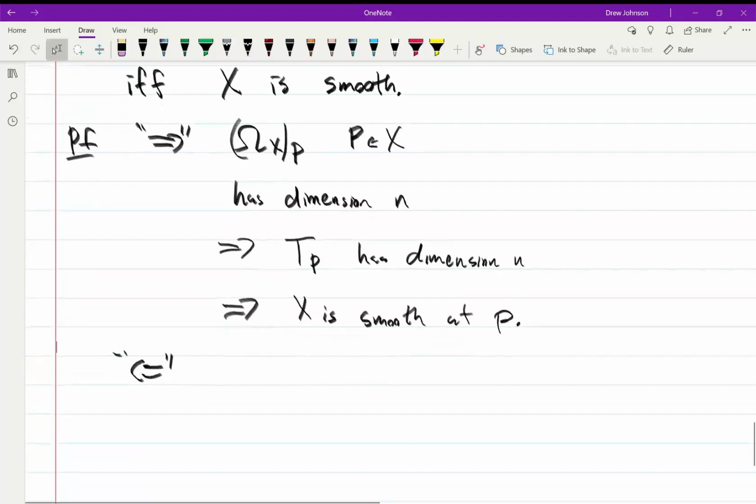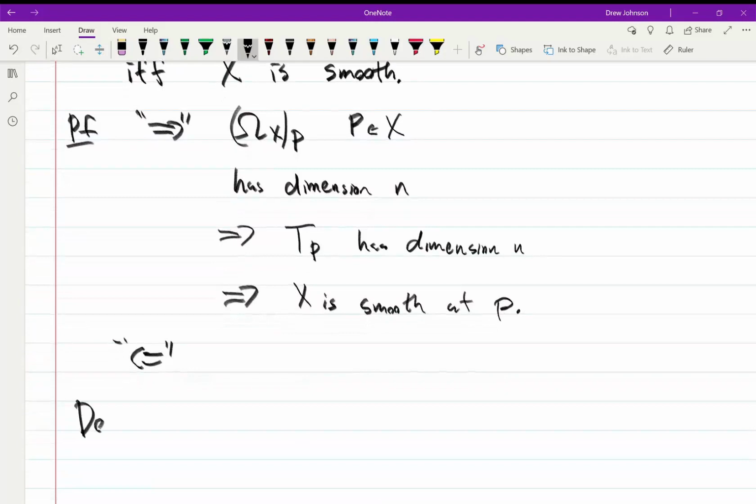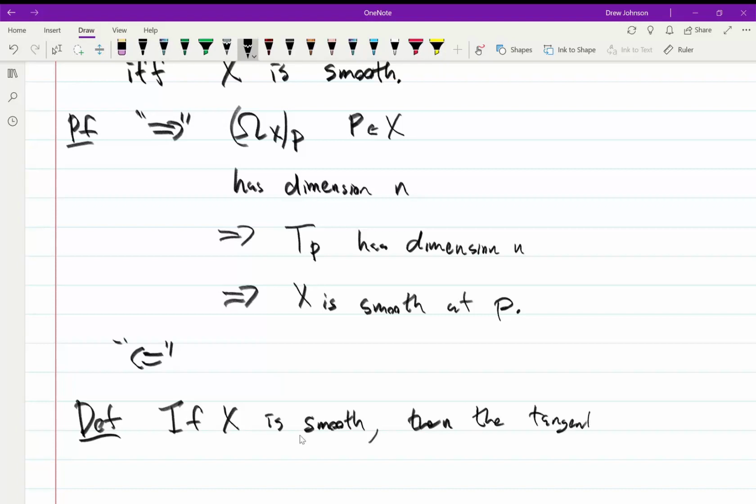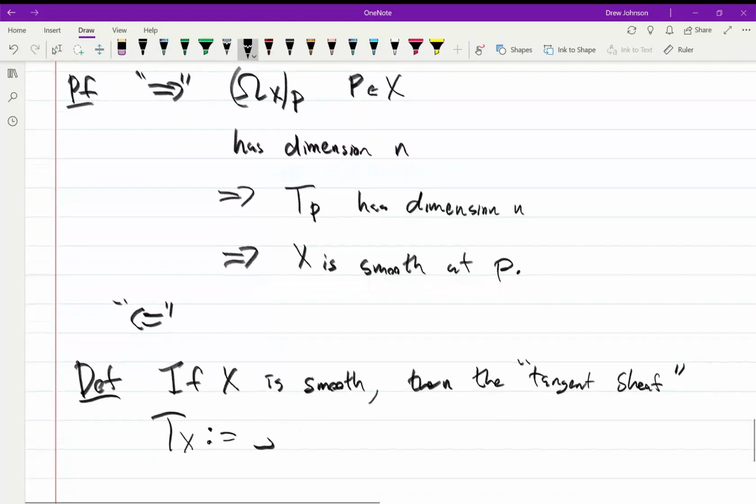Okay, so finally, let's give our definition of the tangent sheaf. So if X is smooth, then the tangent sheaf T_X is defined to be just the dual of the cotangent sheaf.